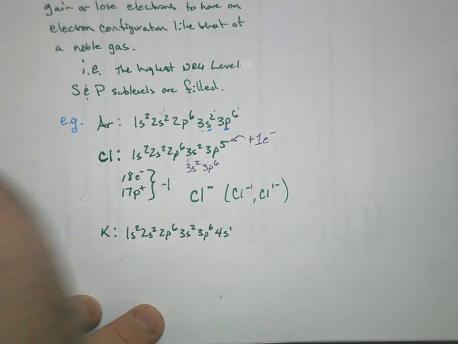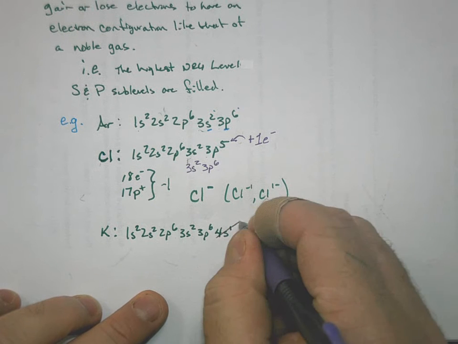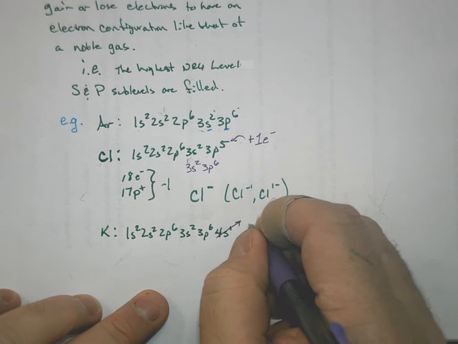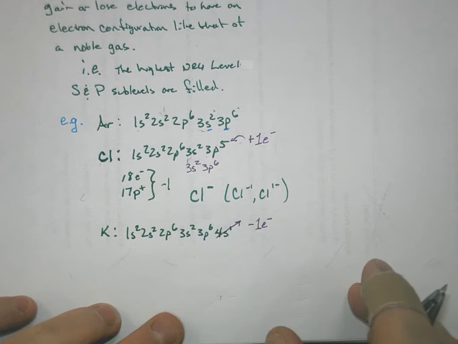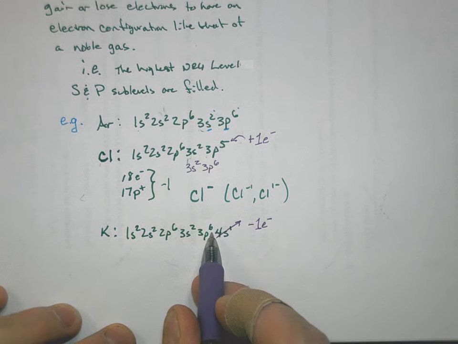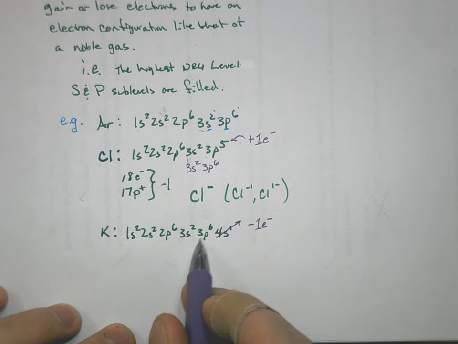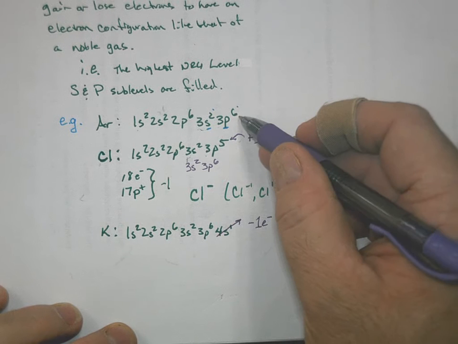That means that our 4s1, we can lose it. And we subtract 1 electron, and what are we left with? The 3s2, 3p6, right? Well, this is the same electron configuration as argon.